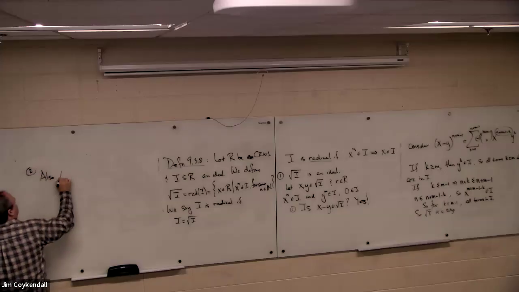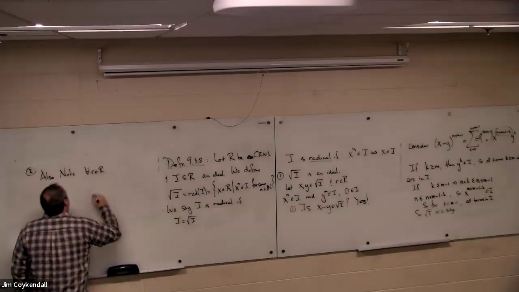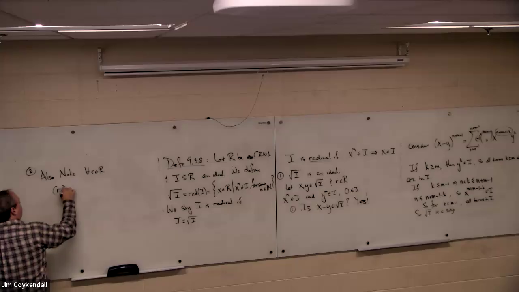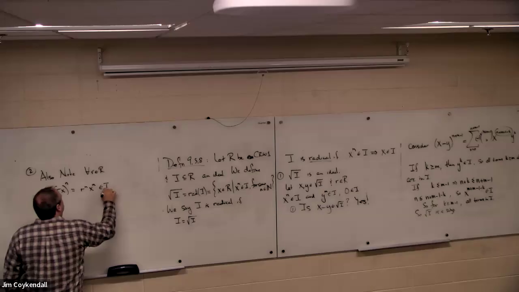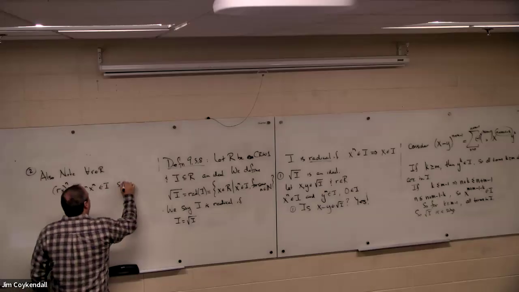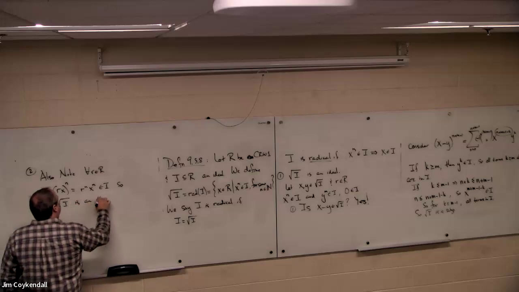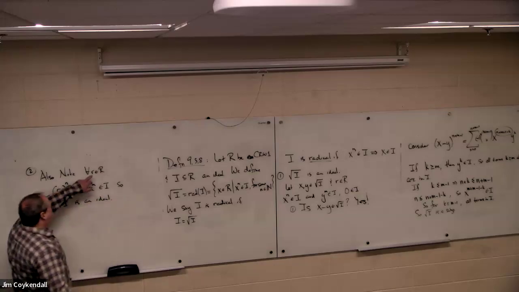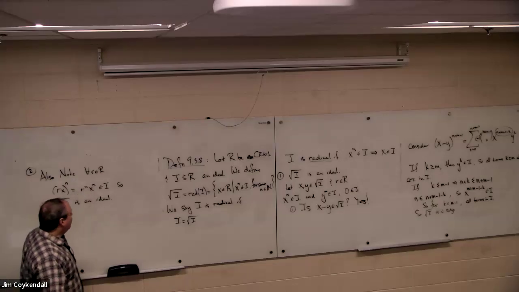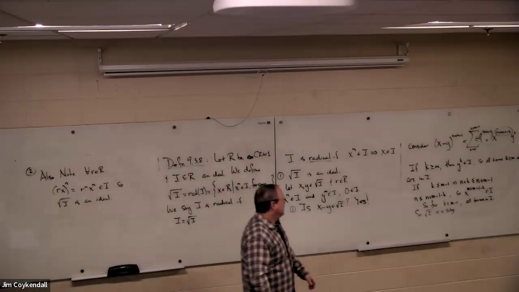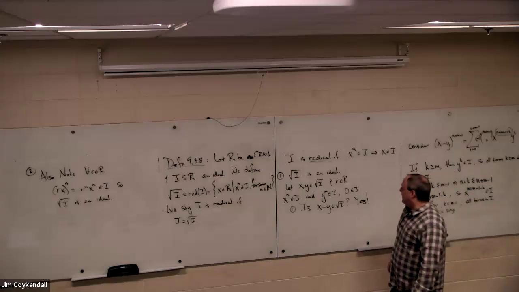Also, note, for all r in R, r x to the n equals r to the n x to the n, which is in I. So radical I is an ideal, because since x is in the radical of I, rx is also in the radical of I. Okay, so the radical of I is an ideal.